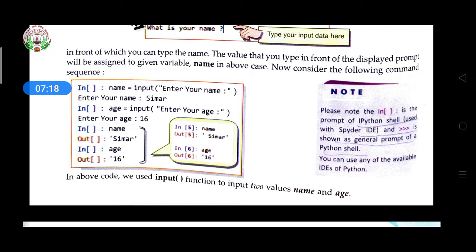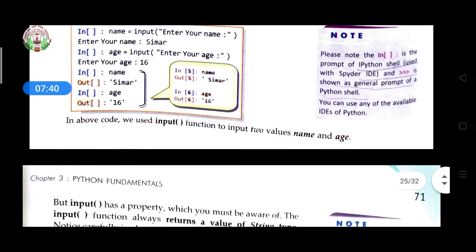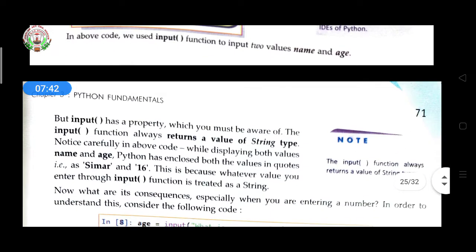If you ask for age, it will be stored in the age variable. If you call name, it will show the value stored in it. In means input, out means output. Like this the input function works.